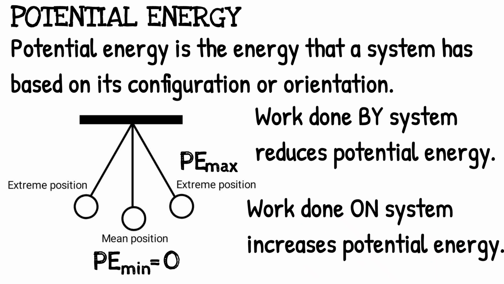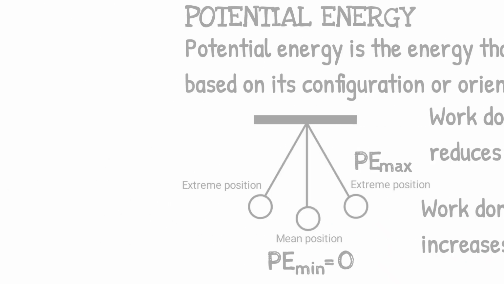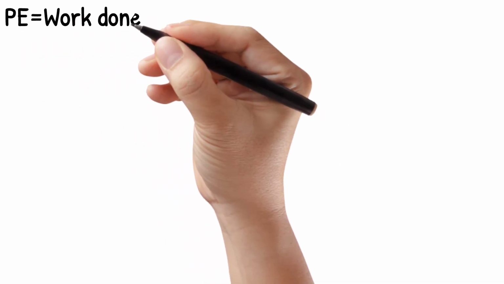So we want to find the work that will be done on this system to bring it from the mean position where potential energy is zero to the extreme position where potential energy is maximum. That amount of work is equal to the potential energy that the system has at that point. Do you understand?